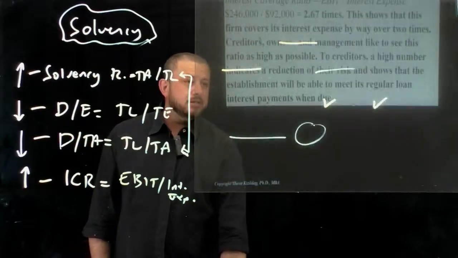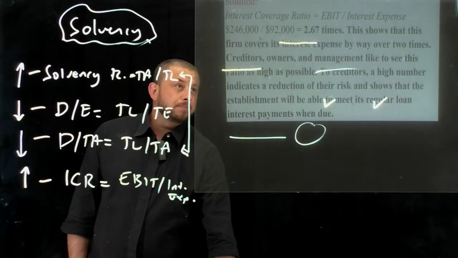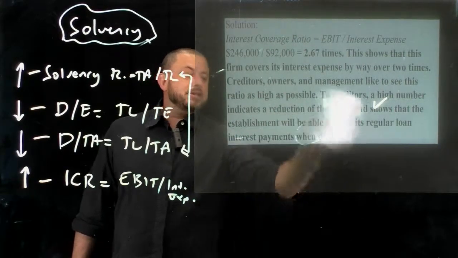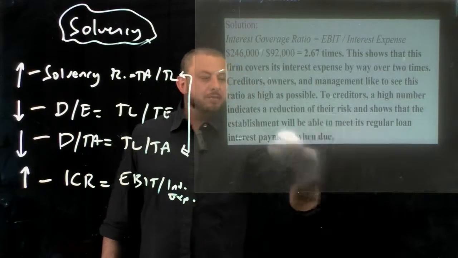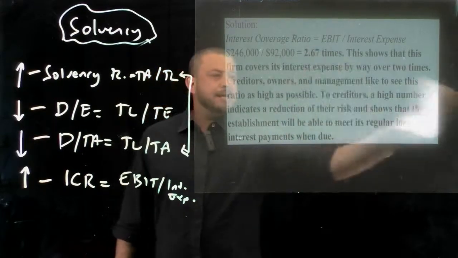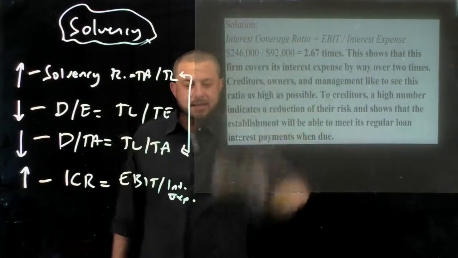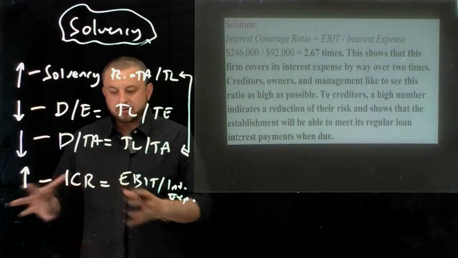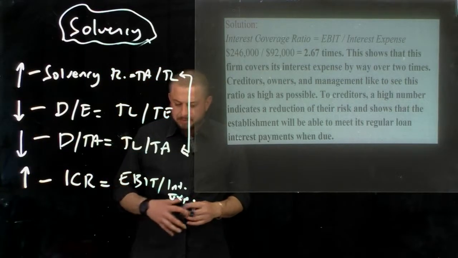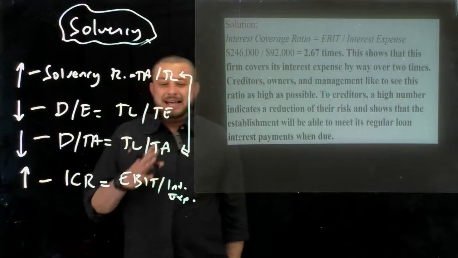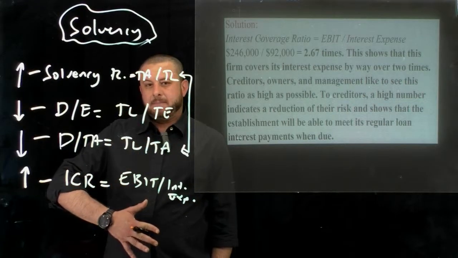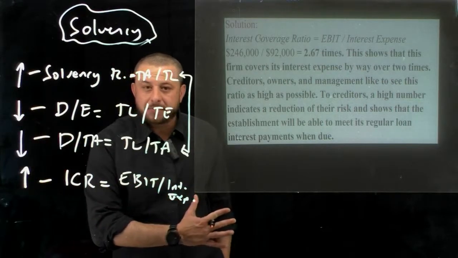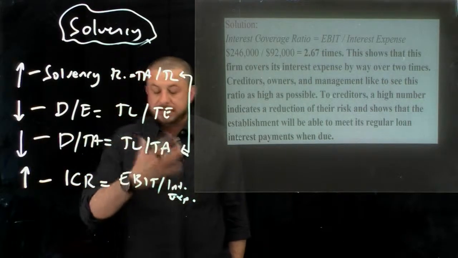As a decision maker, it's very important. Excuse me, let me just go up. It shows that this firm covers its interest expense by way over 2 times, okay? Meaning, whenever this firm takes out an additional loan, an additional amount of money from other people's sources, from creditors, it is able to pay more than twice the interest expenses the company acquired.